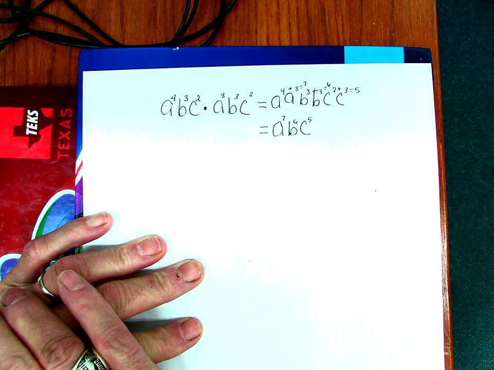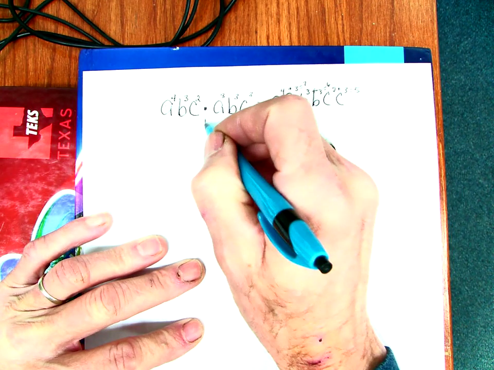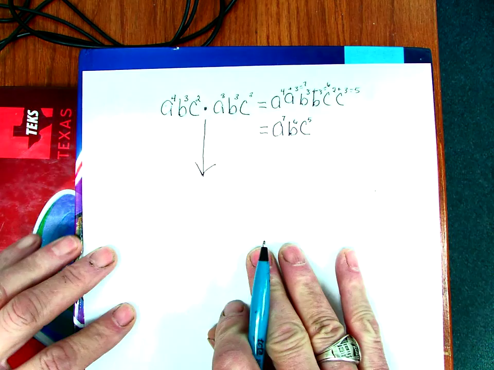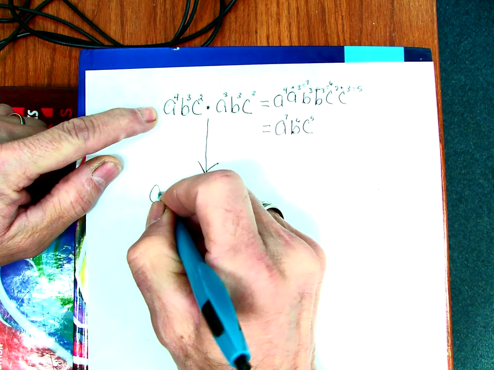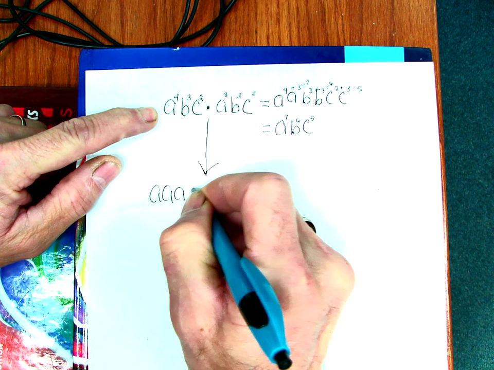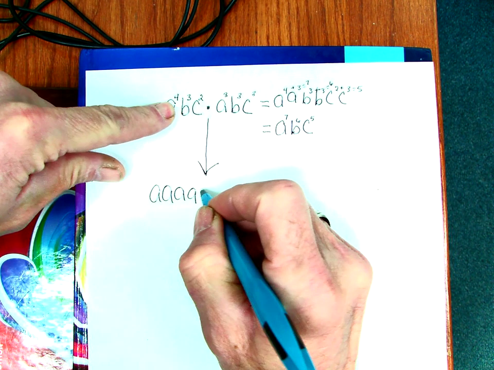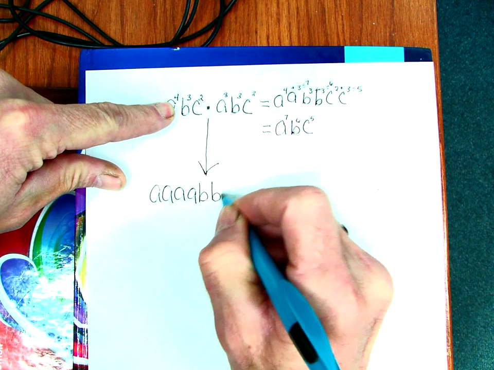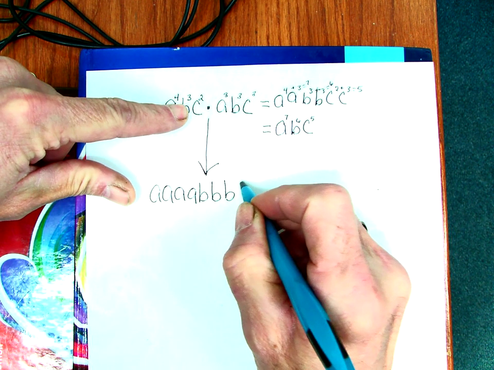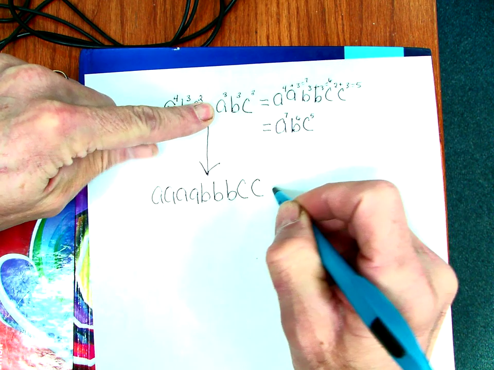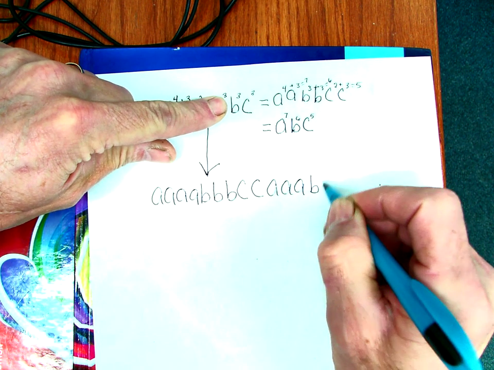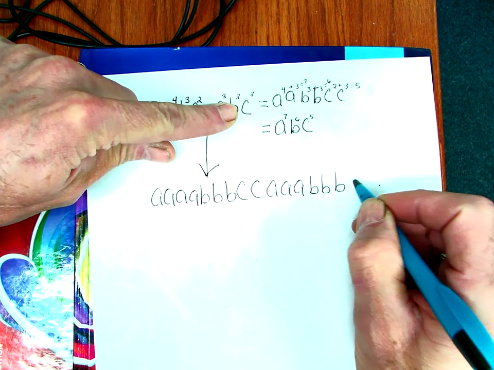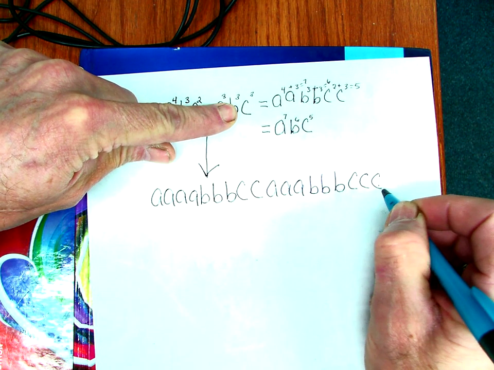Now always, if you are a visual learner, you can take expressions like this and you can expand them if it's going to make it easier for you. A to the fourth means a a a a. B to the third means b b b. c c. a a a. b b b. c c c.